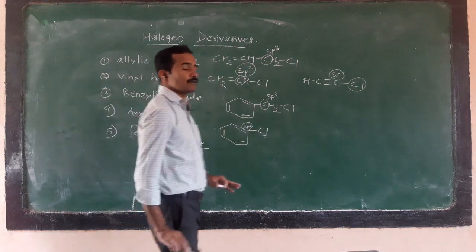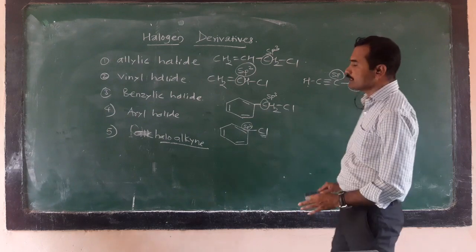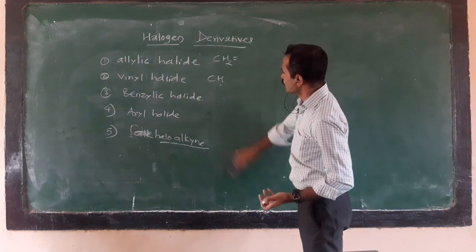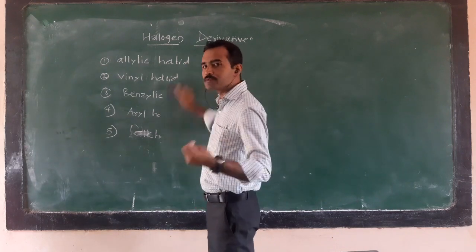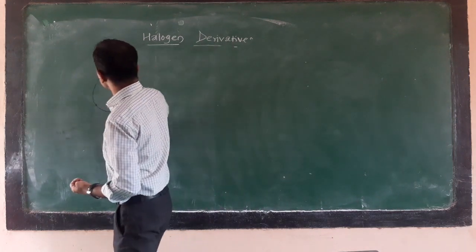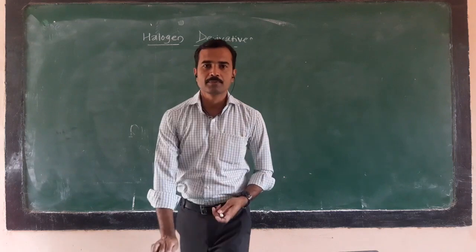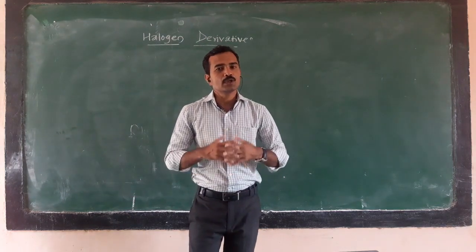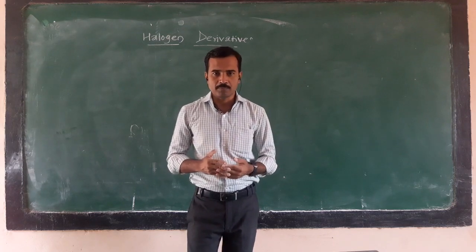Okay, then we switch over to our new point, that is the nomenclature system. As you know, there are two types of nomenclature system. The first one is the common system and the second one is the IUPAC system. The common system is also known as the trivial system.